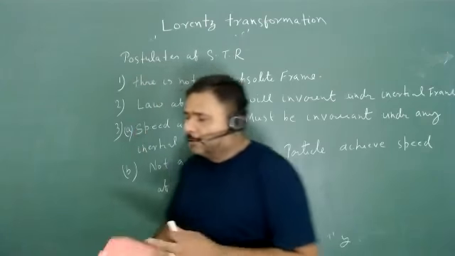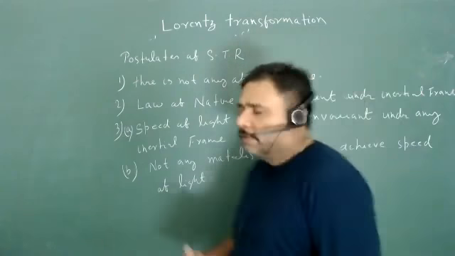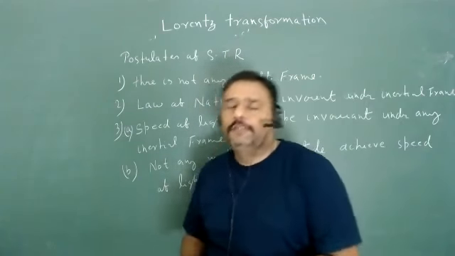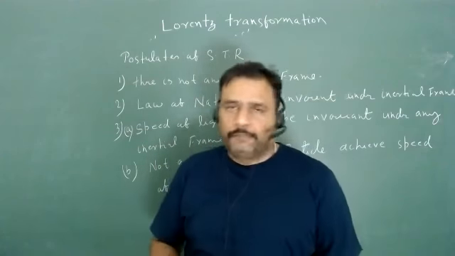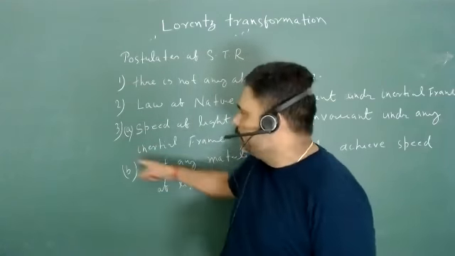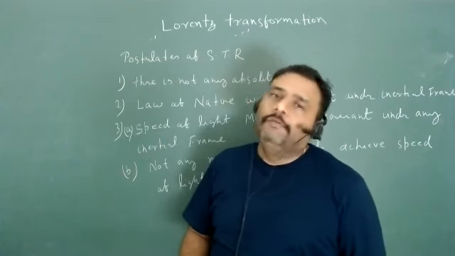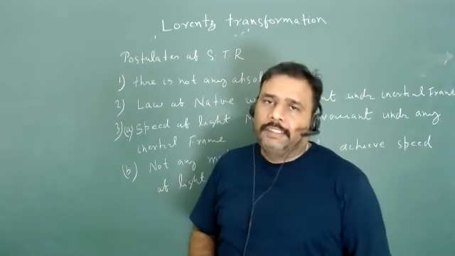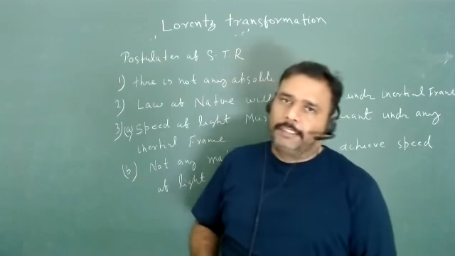Okay, so these are all our postulates. On the basis of the postulates, obviously, in Newtonian or classical mechanics we use the Galilean transformation, but this third postulate is not verified under the Galilean transformation. So we need a new transformation, and that new transformation is actually the Lorentz transformation.